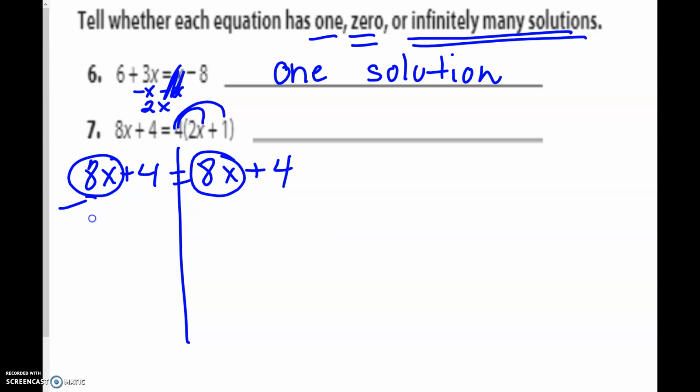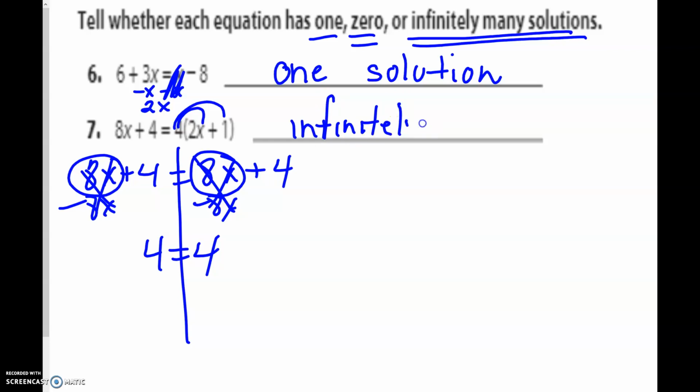So what's going to happen when I subtract 8x from both sides? It's going to cancel. And you're left with 4 equals 4. Well, that's true. So that means that there are going to be infinitely many solutions. Okay, so we're really just looking, is that x going to cancel out or not?